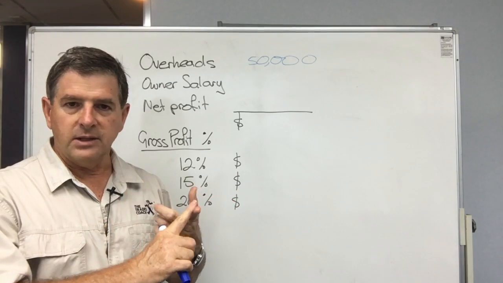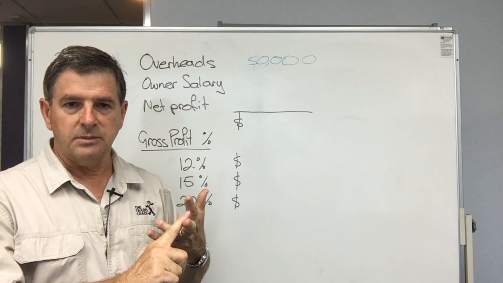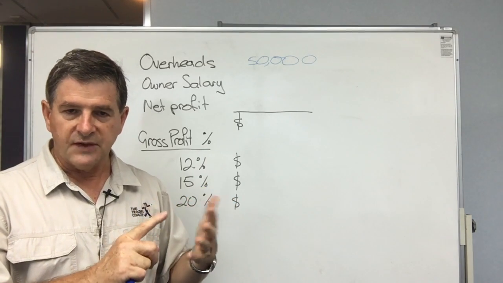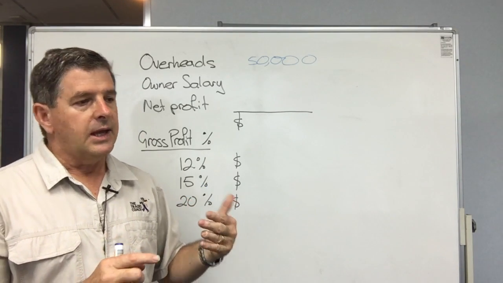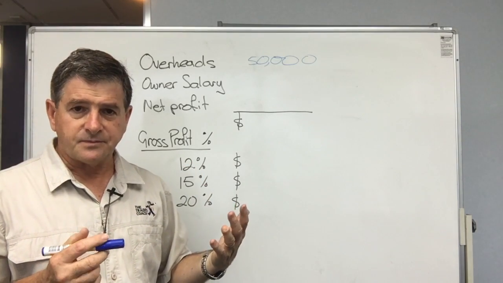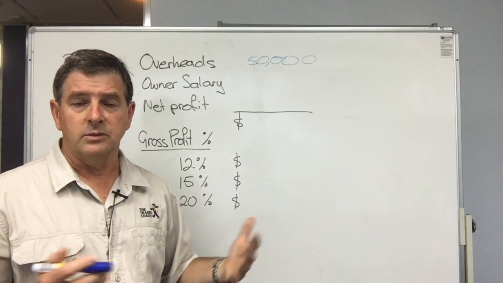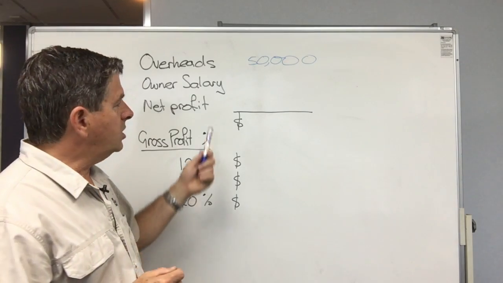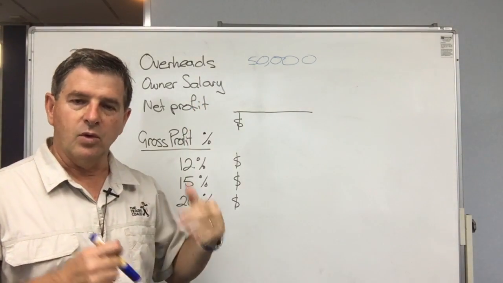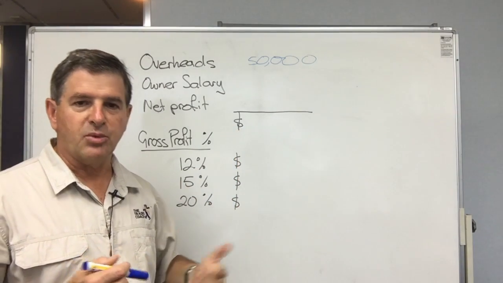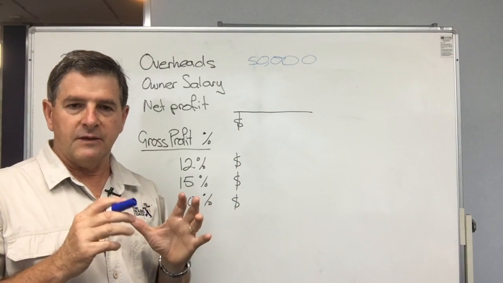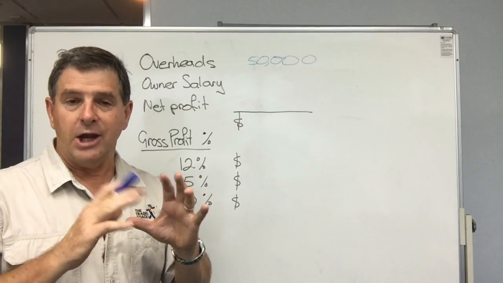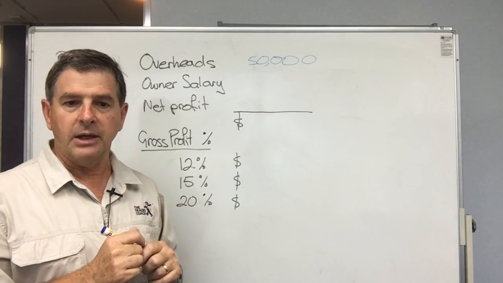Plus, you're pricing work at night, chasing the dollars, doing all this sort of stuff after hours, managing things, finding staff, and a million and one other things you've got to do to run a business. You should be allowing in your costing processes something for an owner's or manager's salary.